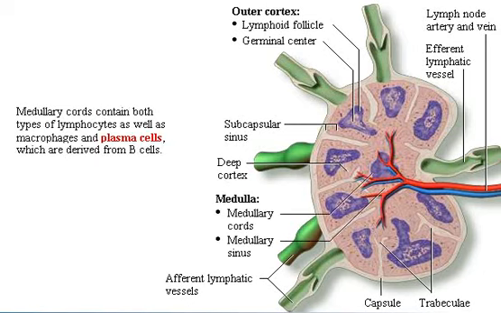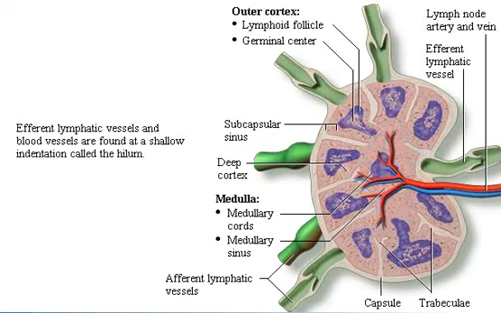Medullary cords contain both types of lymphocytes, as well as macrophages and plasma cells, which are derived from B cells and are antibody-producing factories. Click the medulla. Efferent lymphatic vessels and blood vessels are found at a shallow indentation called the hilum. Click the hilum.